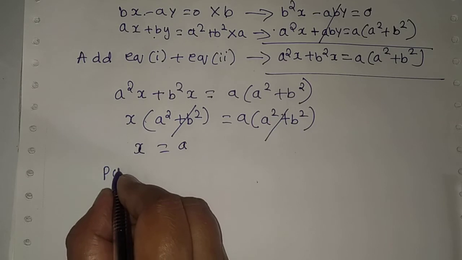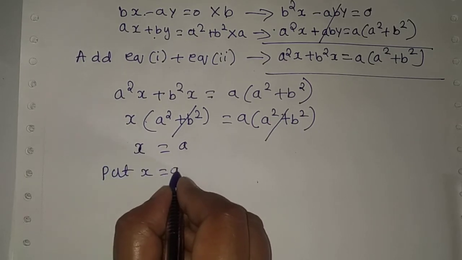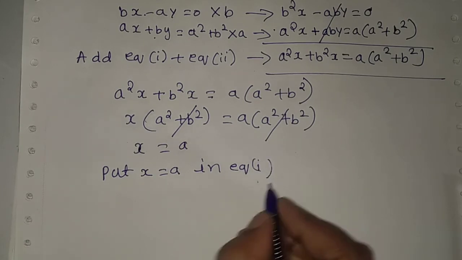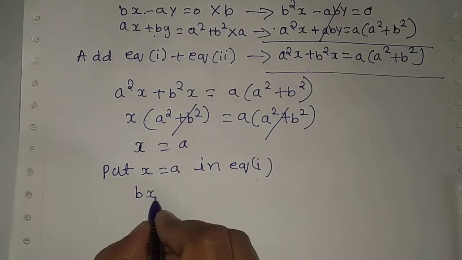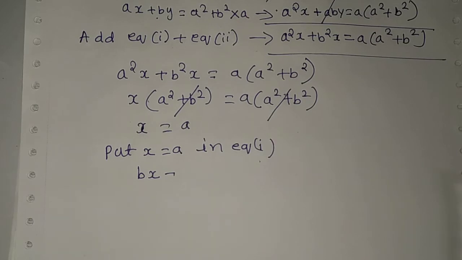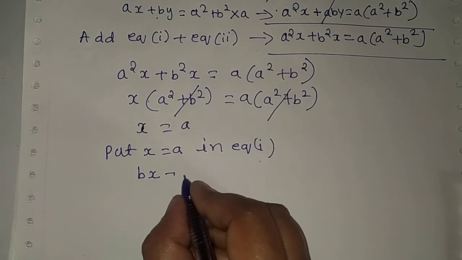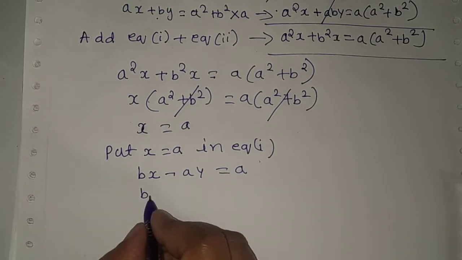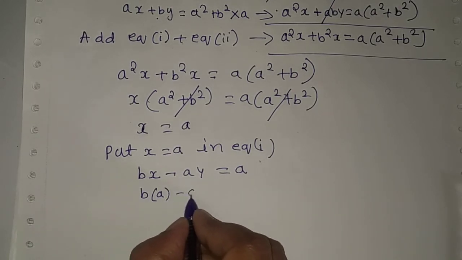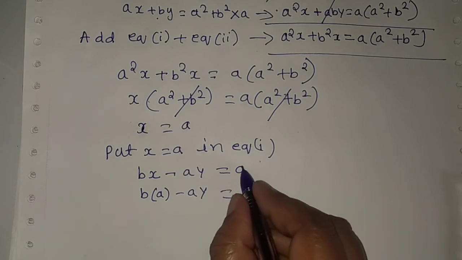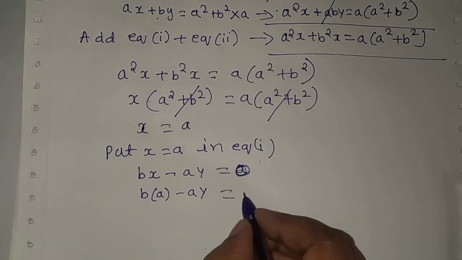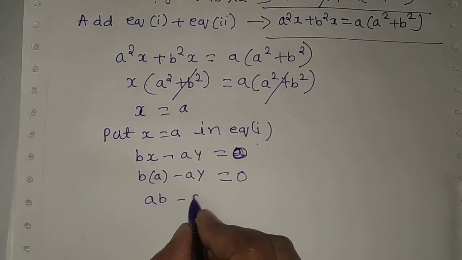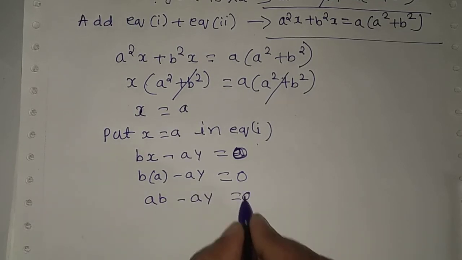Now put or substitute x is equal to a in equation 1. So what is equation 1? That is bx minus ay is equal to 0. So we'll put x here as a, ab minus ay is equal to, this one is 0. So finally what happens, ab minus ay is equal to 0.